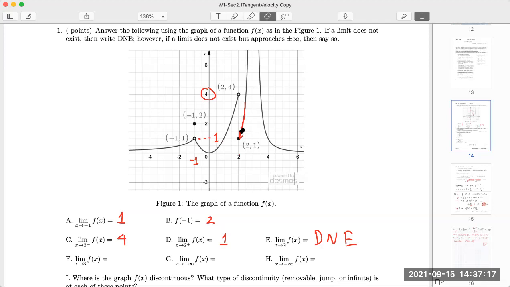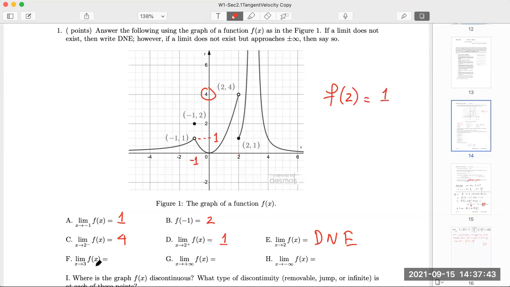And according to the graph here, I just ask you a random question. What is f of 2? This guy, the solid dot. It is 1, right? Very, very good.